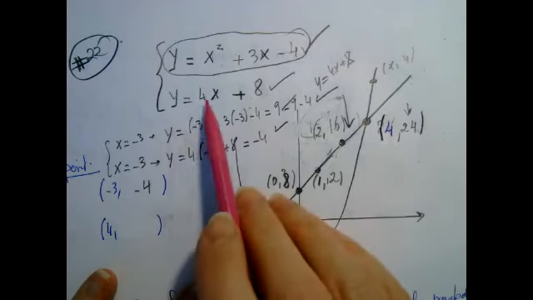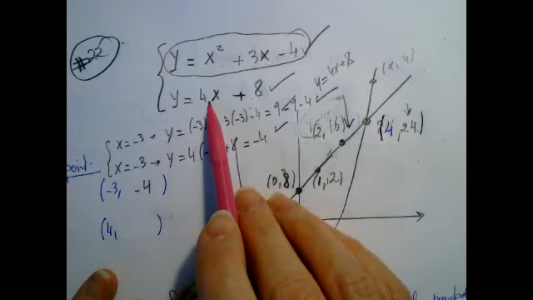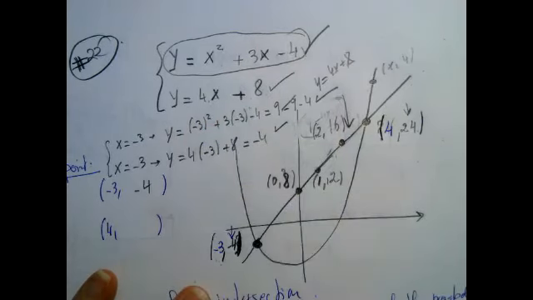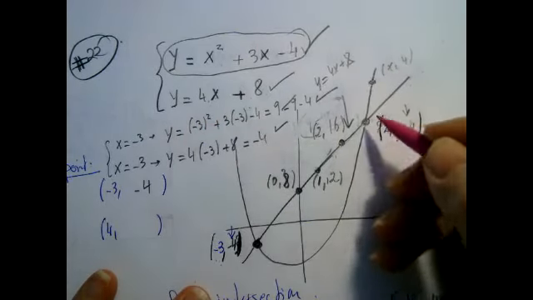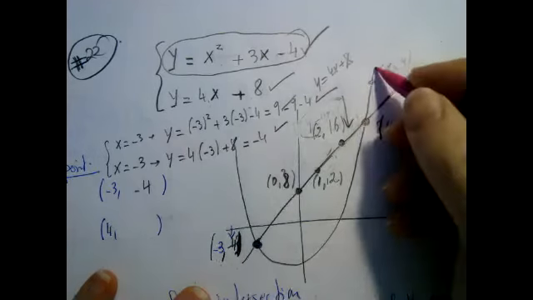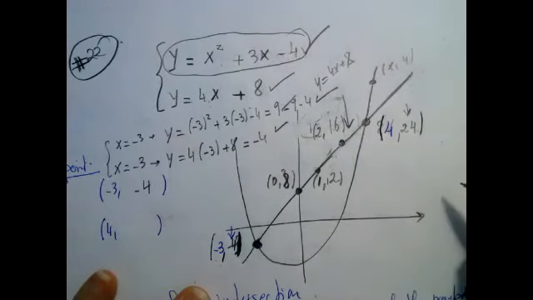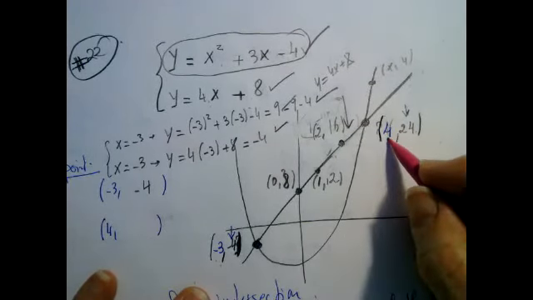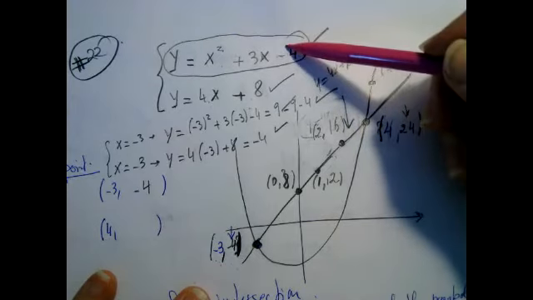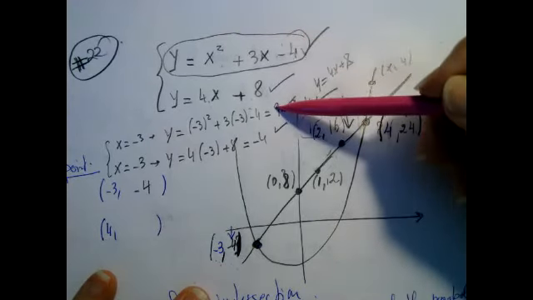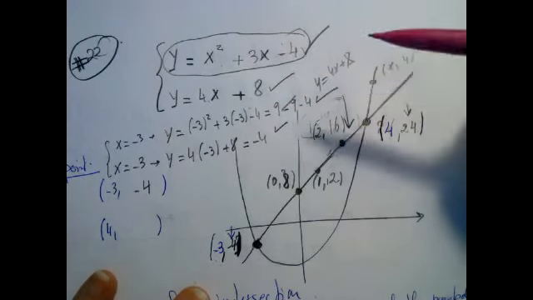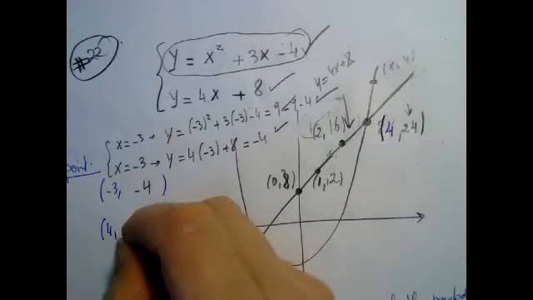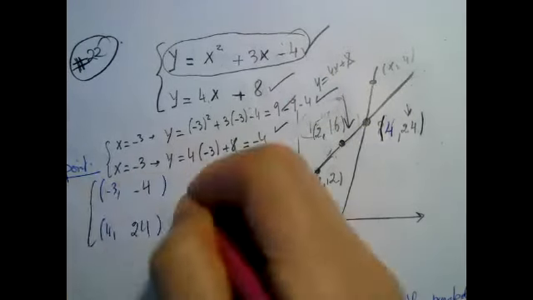I plugged in 4 for both of the equations. And you got 24. Exactly. You should get the exact same answer, because this point is on the graph of the line and on the graph of the parabola. It means if you plug in 4 for x, whether you use this equation or this equation, they should spit out the exact same number. That's exactly what we are in the process of doing.